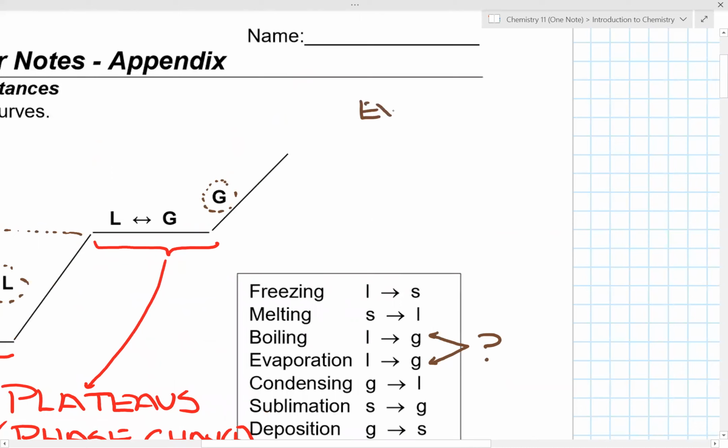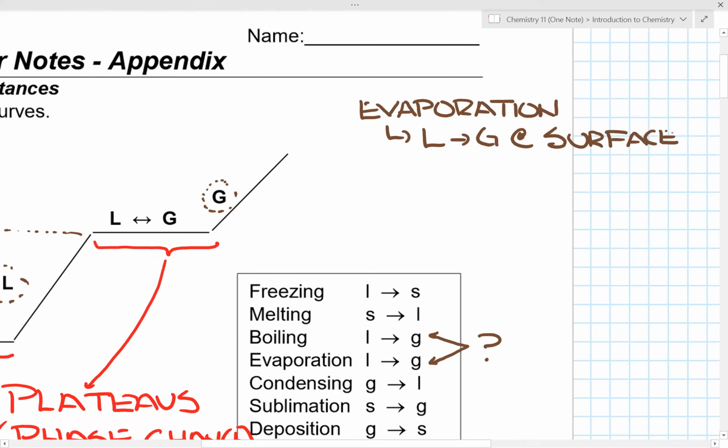Evaporation is liquid to gas at the surface, and can be at any temperature.